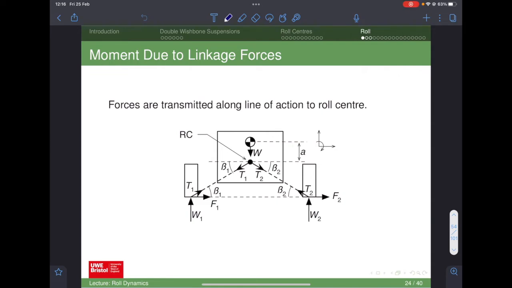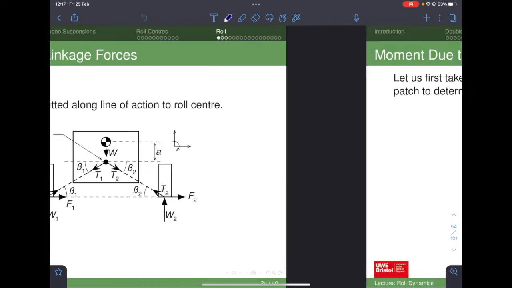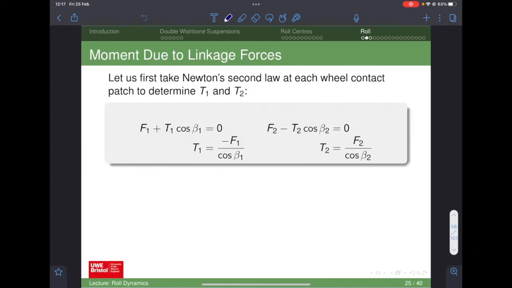So if you look at that picture, I've got my dimensions up there. To the right is positive x, upwards is positive y, and clockwise rotation is positive. If we take Newton's second law at each of the wheel contact patches, we can work out what T1 and T2 are based upon those forces, F1, cosine beta.